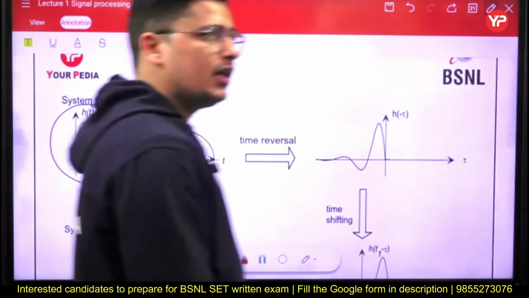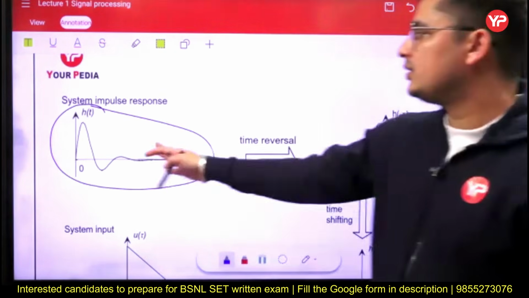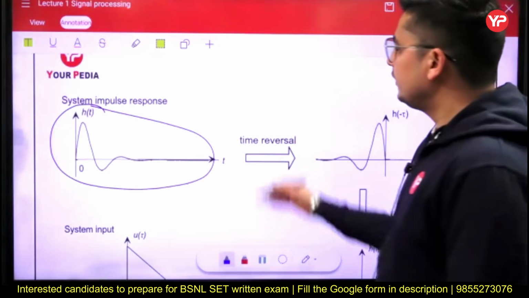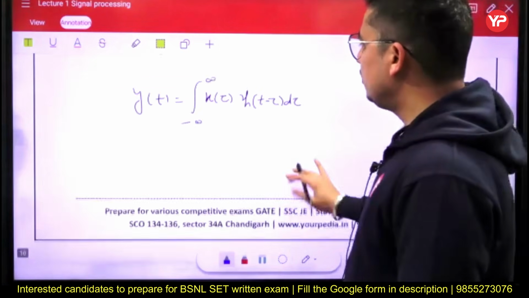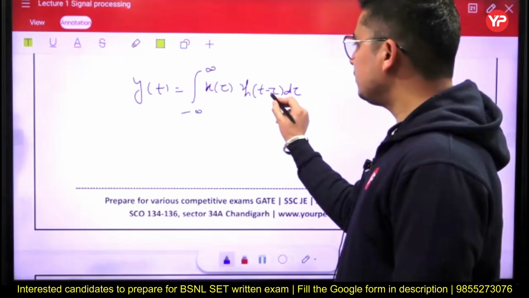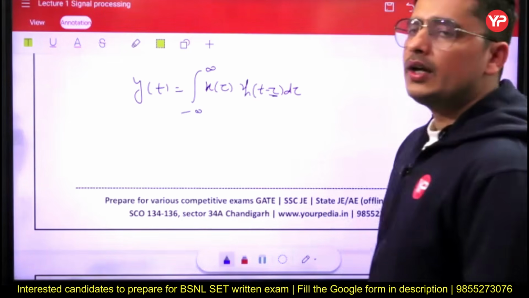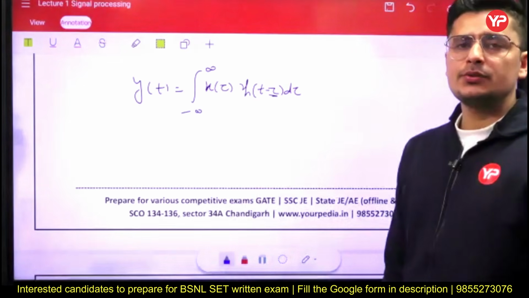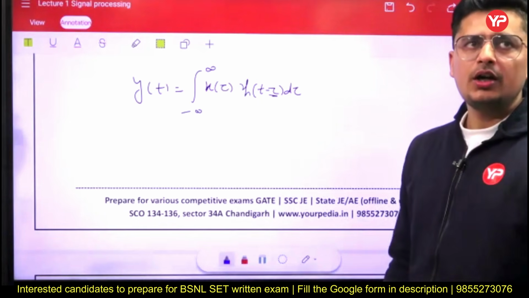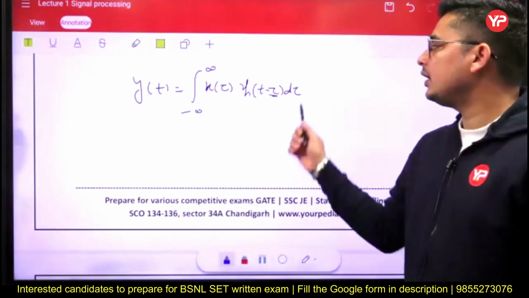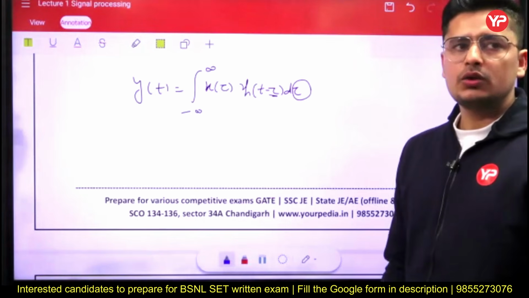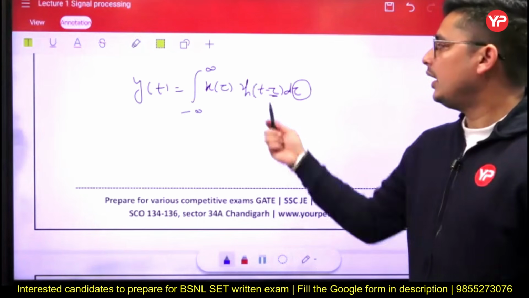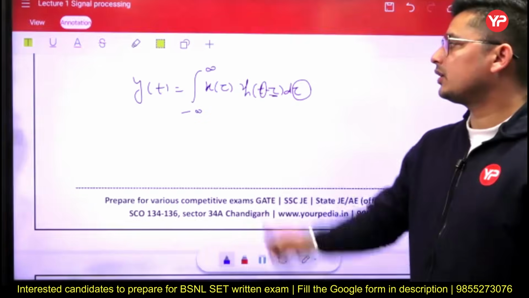Just try to visualize that. In this convolution formula, the variable is tau; t is fixed, because we are integrating with respect to tau. So tau is variable and t is the fixed quantity, remember that.